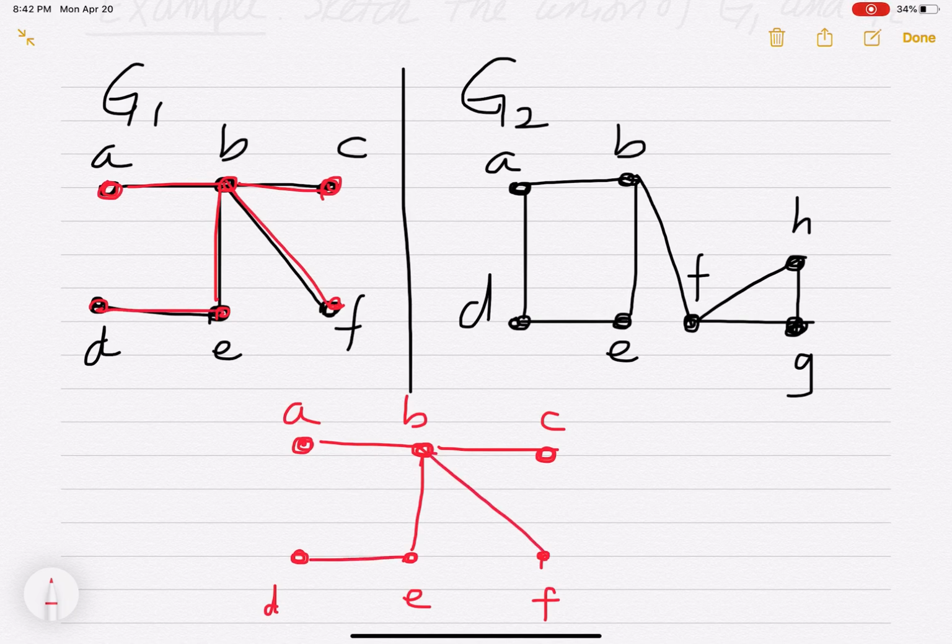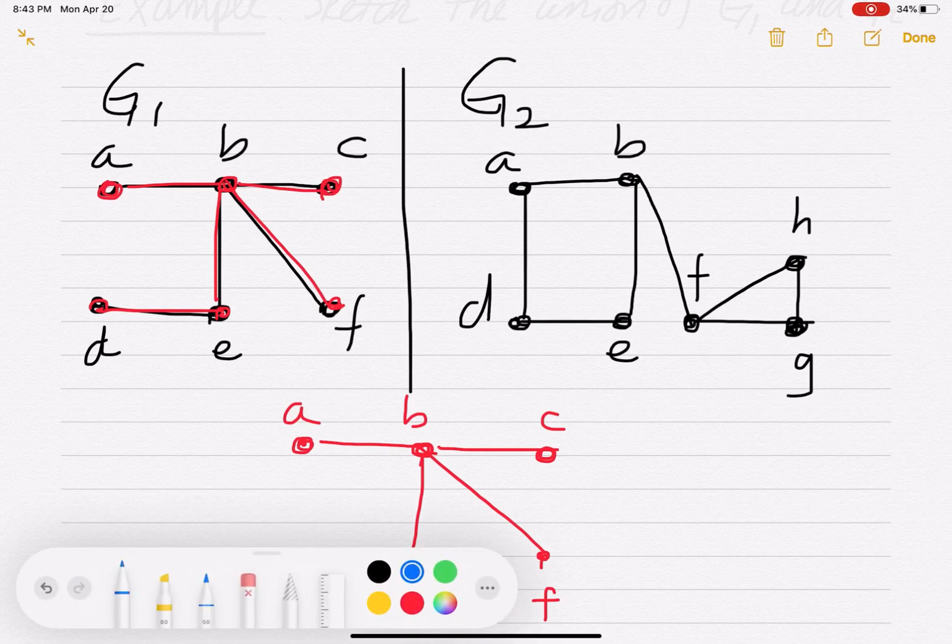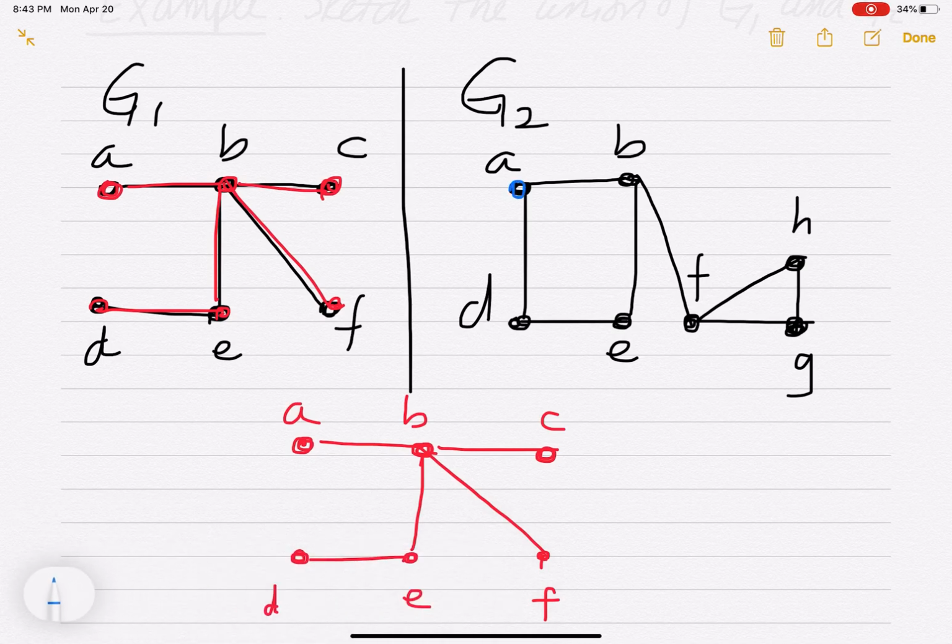Then we have to look at our second graph and include that information. We have to include A and B, those points, we have them already. E and D, we have them already. We have to include F, we already have it. We have to include H, we don't have it, so we're going to add H in here. We have to include G, we don't have that.